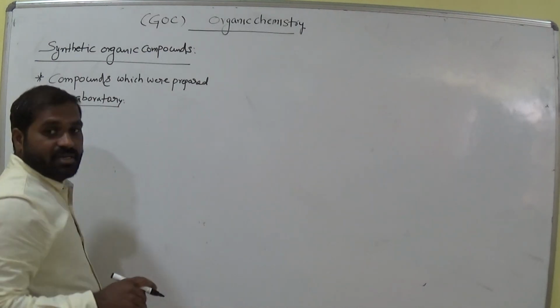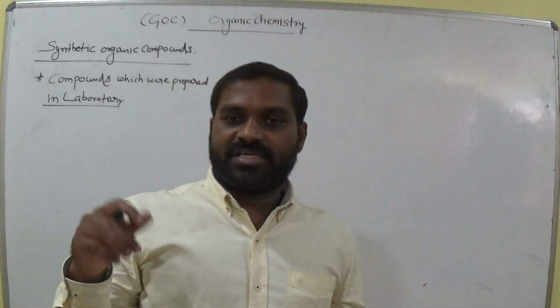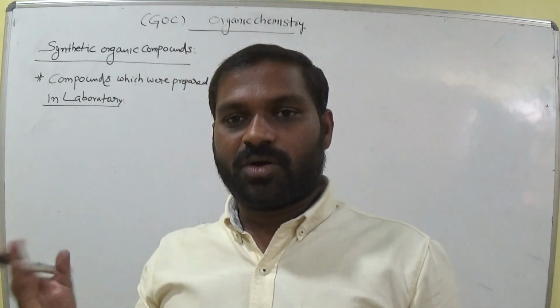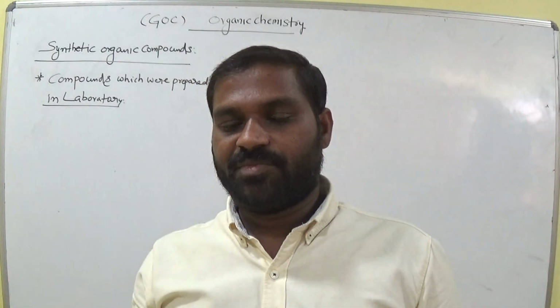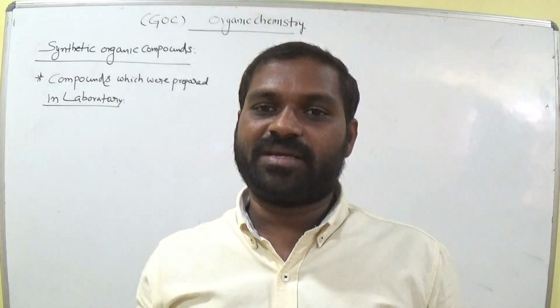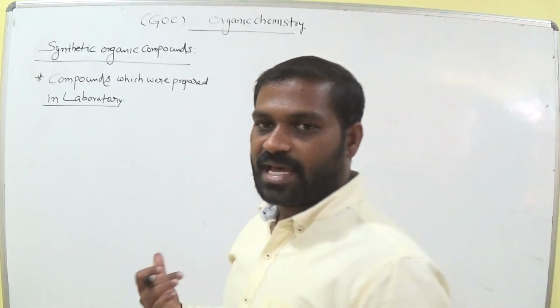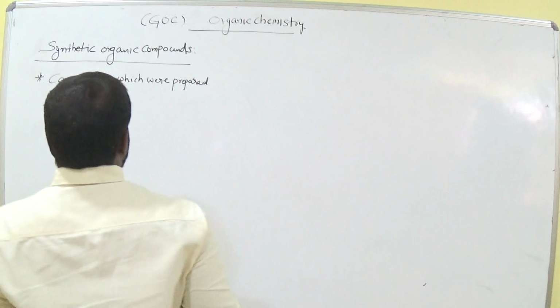In the lab, based on scientific concepts, we have to prepare the compounds. If we prepare it in the laboratory, then we call it synthetic methods. In the laboratory, we are able to prepare organic compounds.